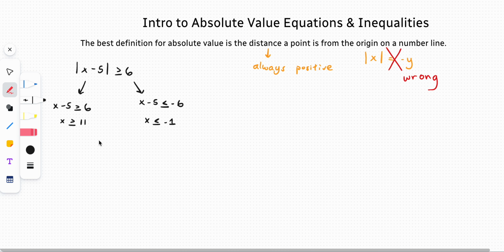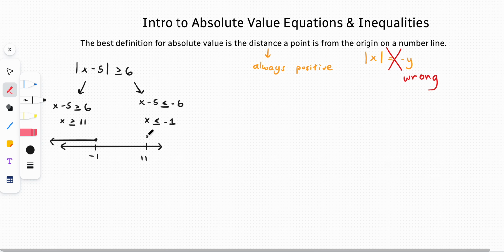Okay, so to better visualize this, we can use our number line right here, so we can create our interval notation. Let's say that this is negative 1, and this is 11 over here. For this one, both of these points are going to be inclusive, and x is going to be everything to the left, because we want everything that is less than negative 1.